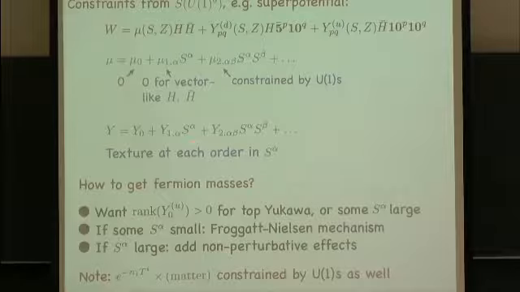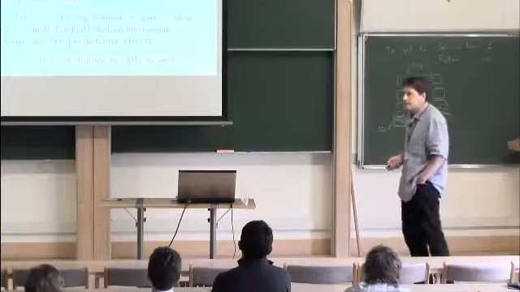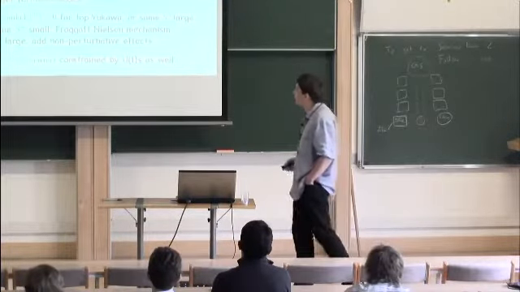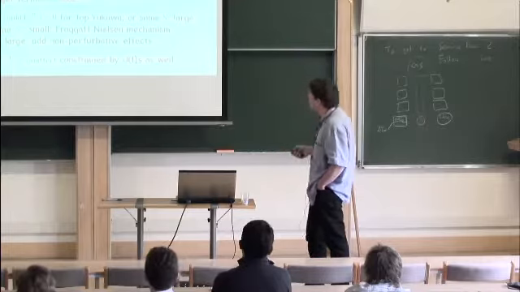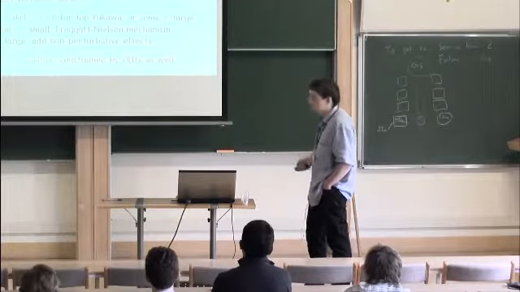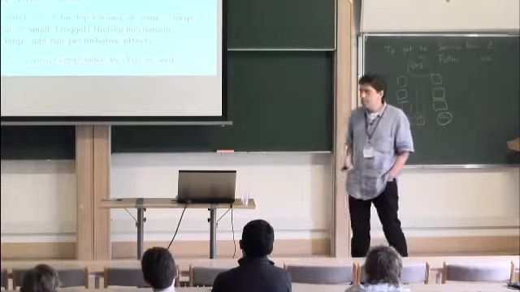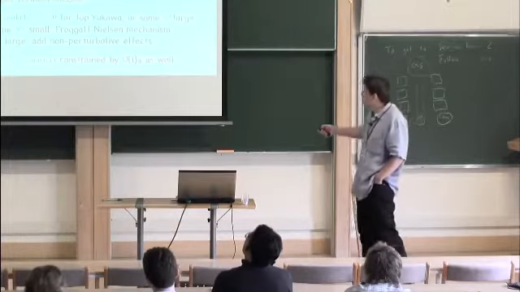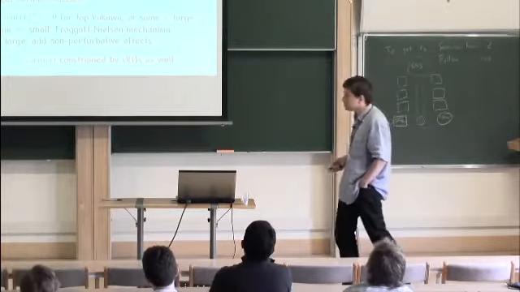So you can generate the various textures here by having various powers of these singlets as dictated by the U1 symmetries. Or else, if you make all these S alphas large, go to some generic place in the moduli space, then you might add some non-perturbative effects to fill out the zeros in the mass matrices. Or in general, of course, you could envisage having a combination of these two as well.